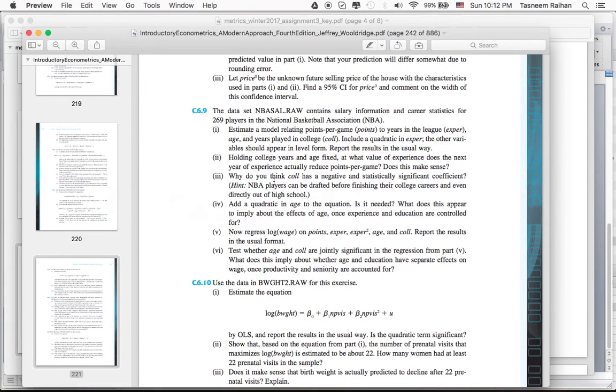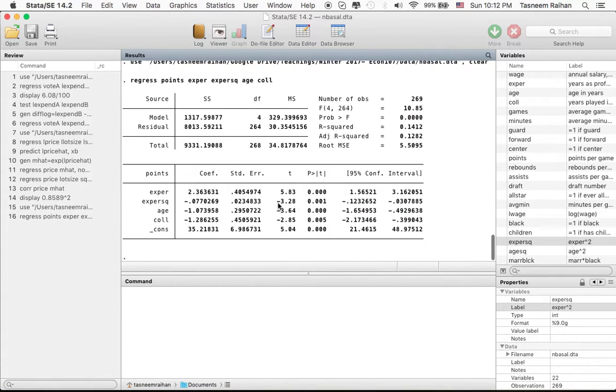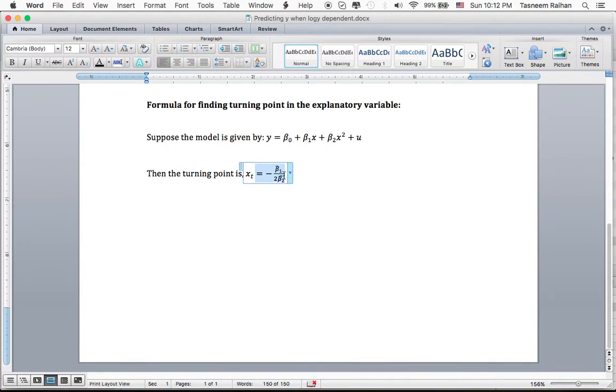From the regression that we have just done, beta 1 hat is equal to 2.36, beta 2 hat is negative 0.077. Plug these into this formula, and you should find a value equal to 15.35.